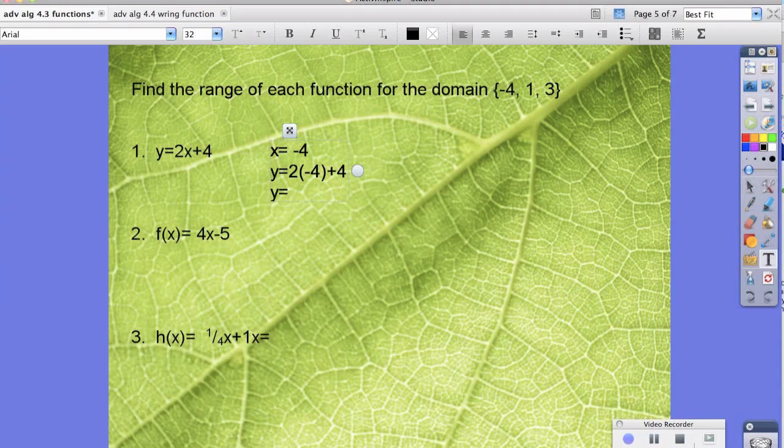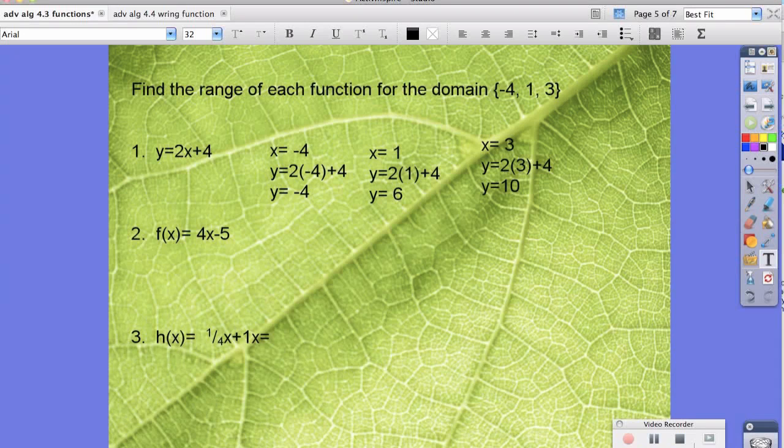That tells us that y is equal to -4. When we do the second one for x equals 1, we get y equals 2 times 1 plus 4. That tells us y is equal to 6. For x equals 3, we get y equals 2 times 3 plus 4. That tells us that y is equal to 10.